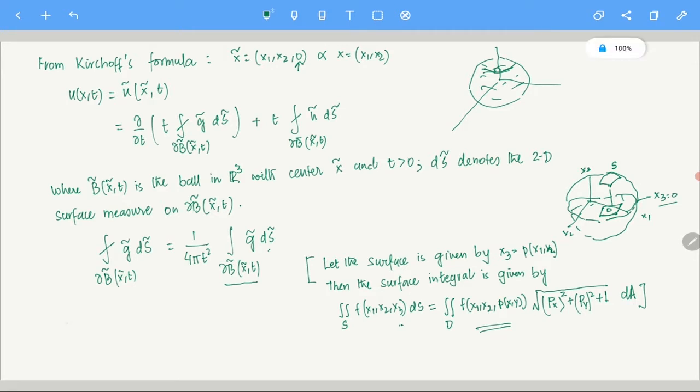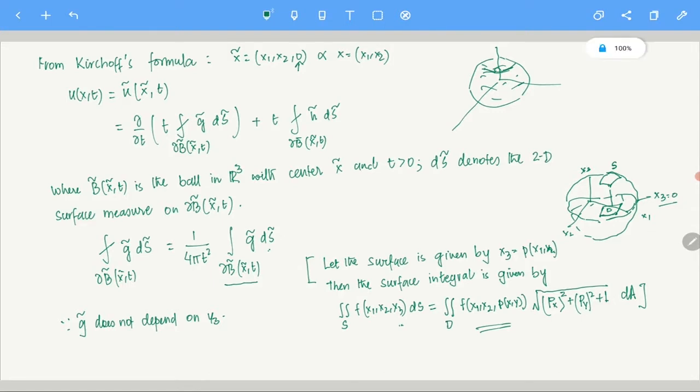So, let me write it like this: g tilde does not depend on y3.